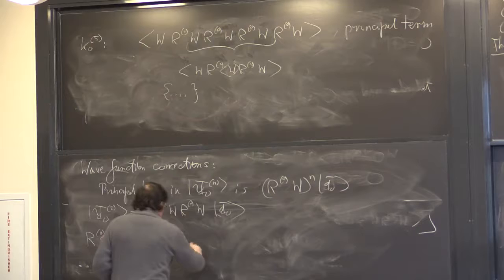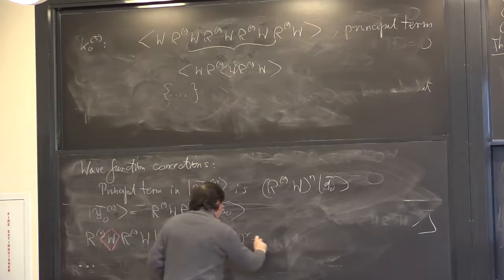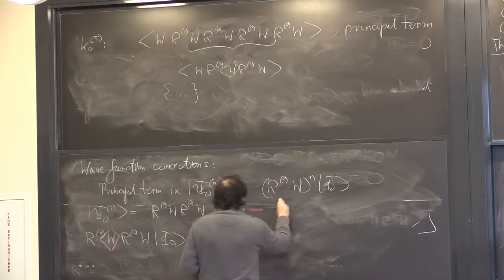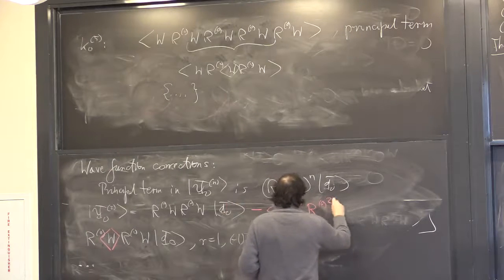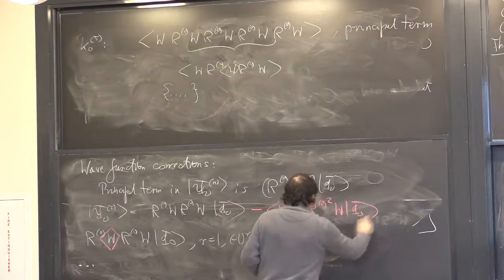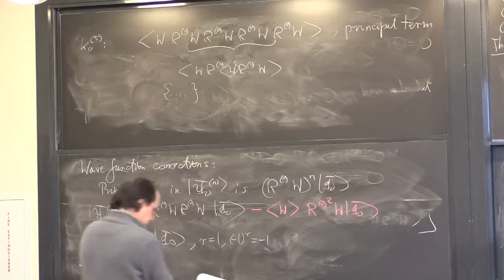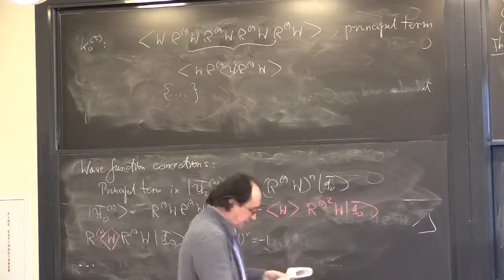So there's only one. R here is 1, so the sign is minus. That means the renormalization term will be minus expectation value of W, then the square of the resolvent, W phi 0. That's the renormalization term, and you can see it in our notes.